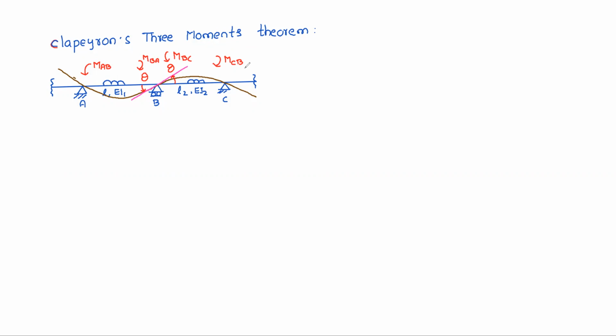So, just assume a name like this: MAB, name it simply as MA. It is actually anti-clockwise MAB, just name it as MA. Similarly, clockwise MBA or anti-clockwise MBC, name this simply as MB.